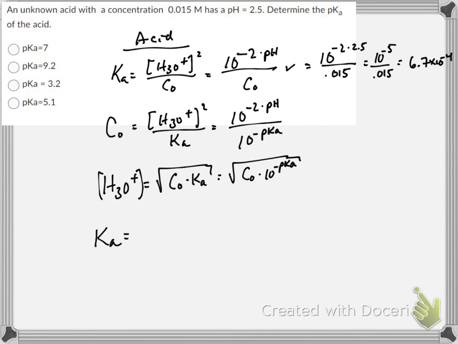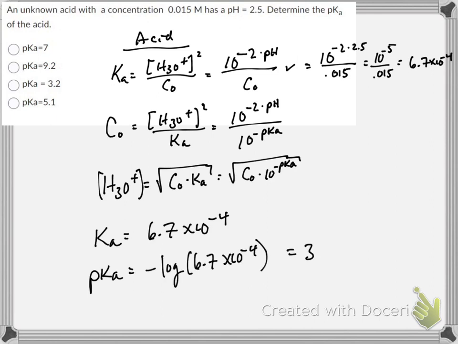So we need to take the minus log of this value. The minus log of 6.7 times 10 to the minus 4 is 3.2. So the pKa of this acid is 3.2, and this is how many Kas of acids have been determined. You make up a known concentration, measure the pH, and you can calculate pKa this way.